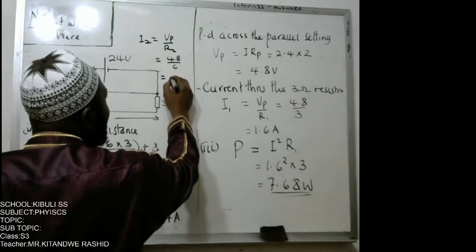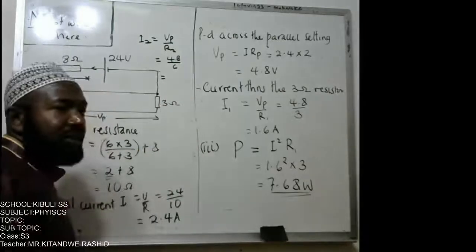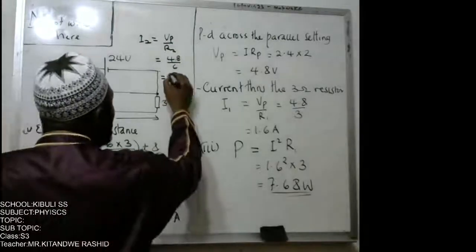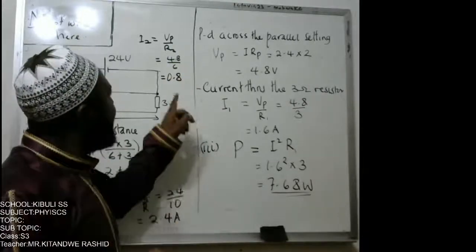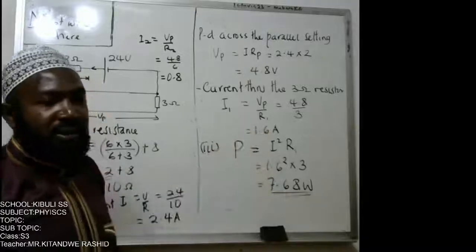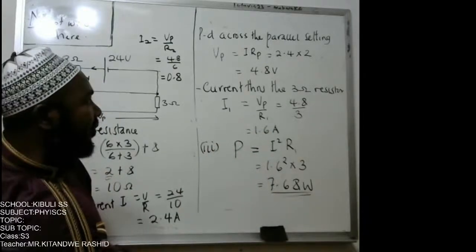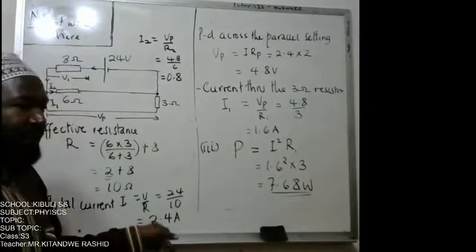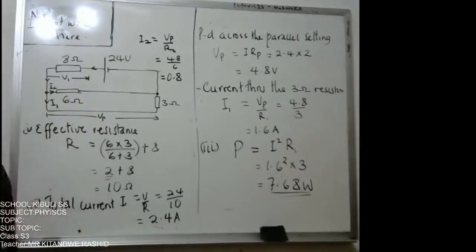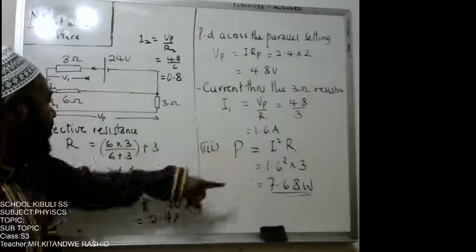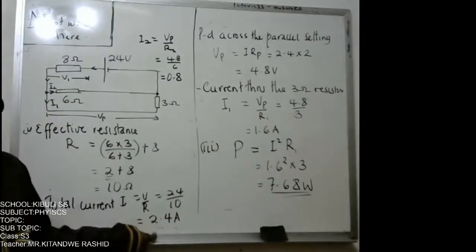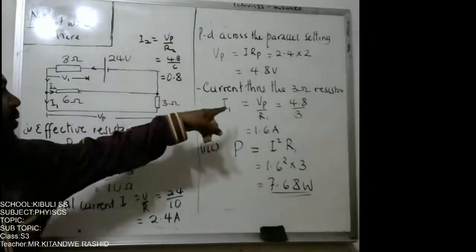Now add 0.8 plus 1.6 and you get 2.4. So you can use many forms. Either subtract from the supply current of 2.4, or use the same formula you used to calculate the 3 ohm resistor current.